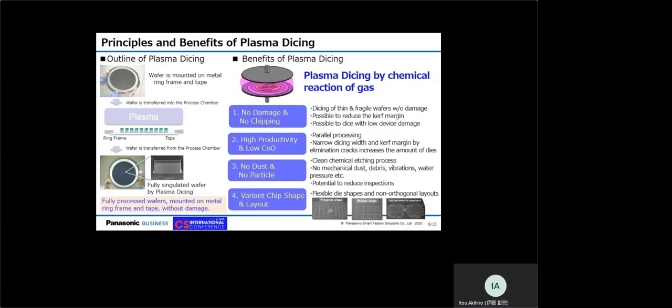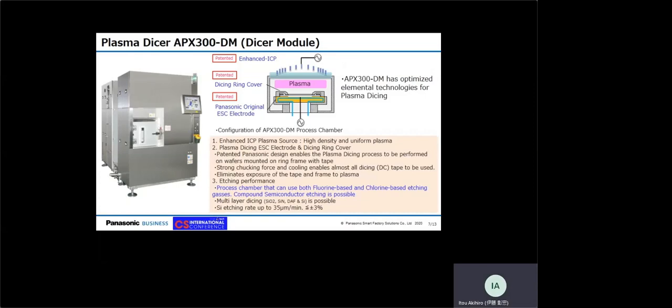This slide shows the Panasonic APX300 dicer module. This photo on the left side shows the APX plasma dicer's appearance. The figure on the right side is a schematic diagram of our plasma dicer's process chamber. We have optimized each elemental technology for plasma dicing.